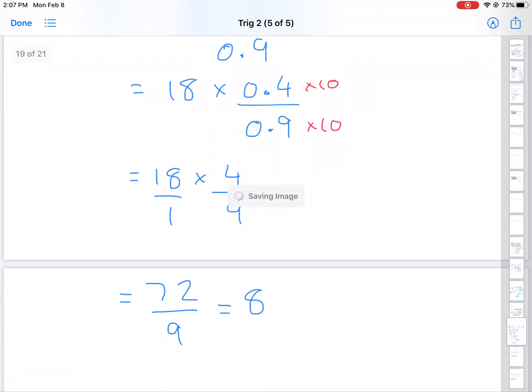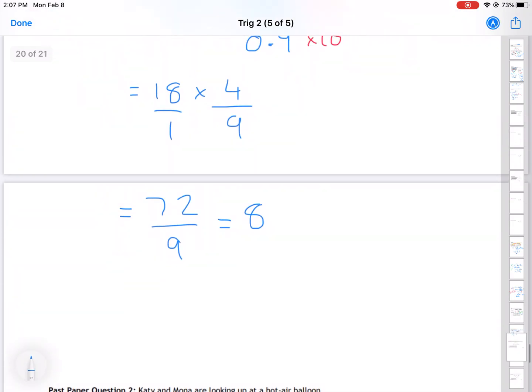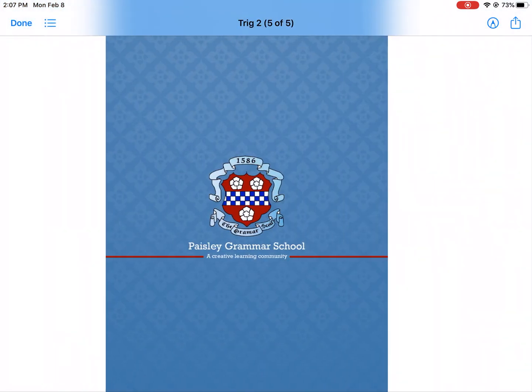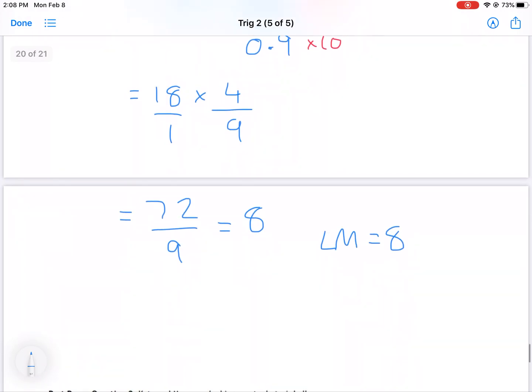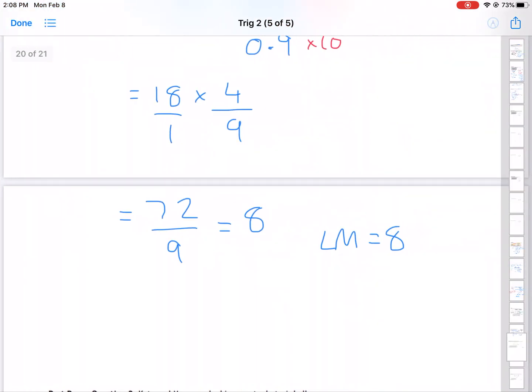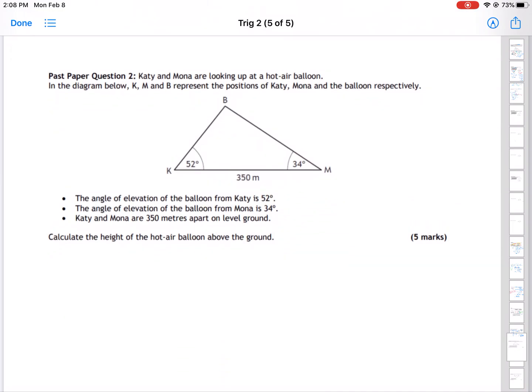Okay, so the length of LM is 8. What units are we using? Centimetres. Okay, giving us our final answer there. On to the next calculation.